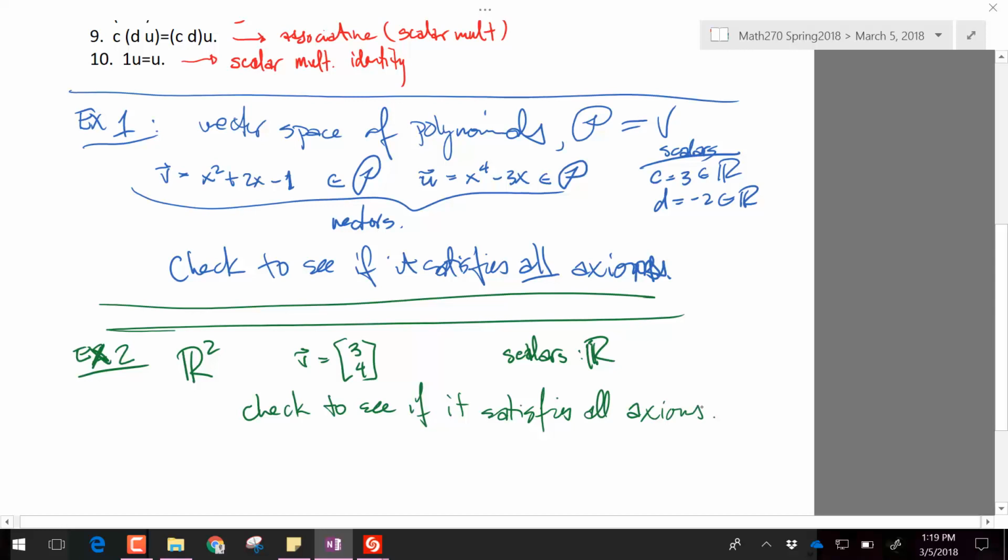Okay? So this is really what they introduce as vector spaces, although in this topic of subspaces, they assume that this is your vector space. But I wanted to tell you that vector spaces are not just restricted to Rn.